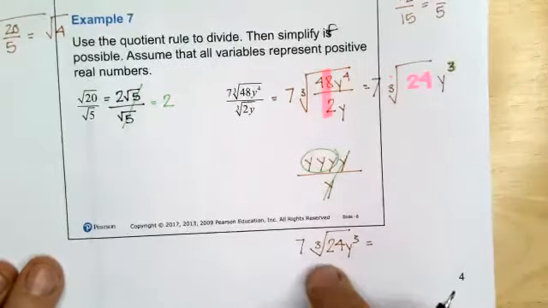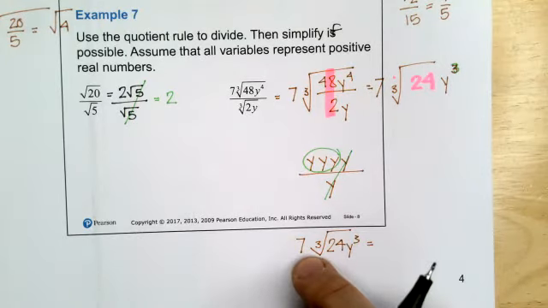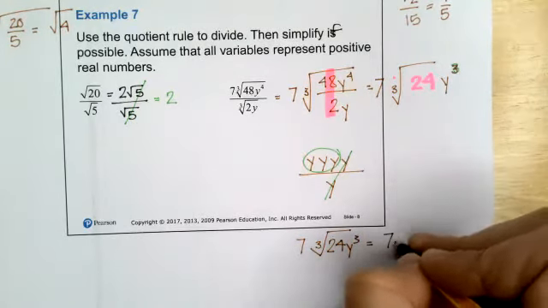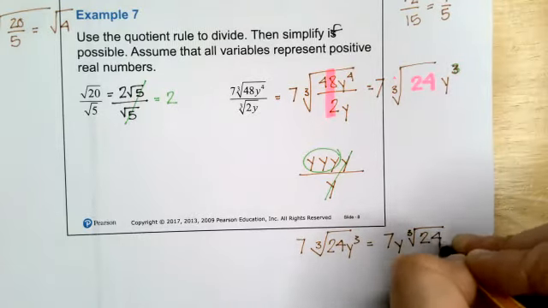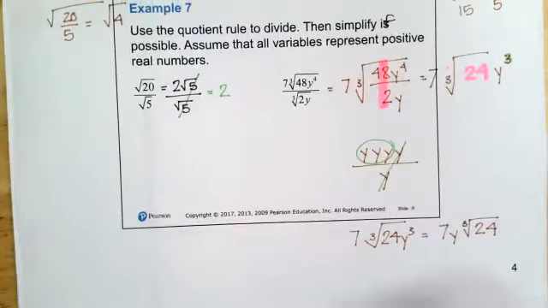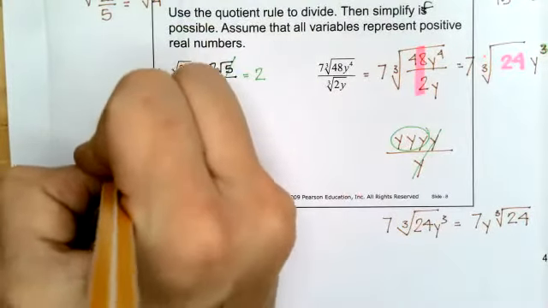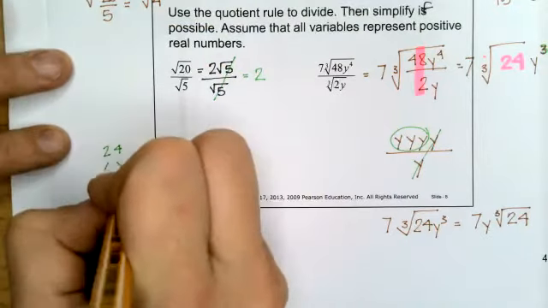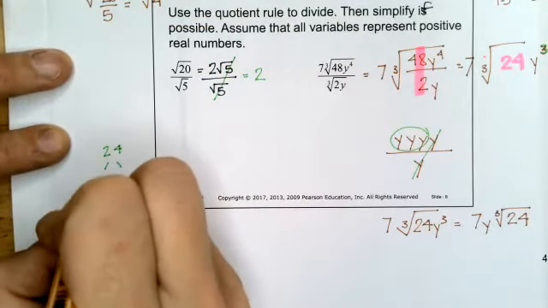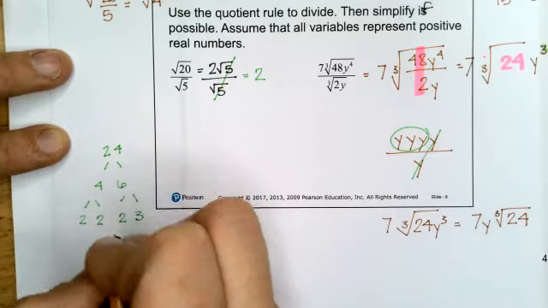But now think about what 24y to the 3rd under a cubed root means. That y to the 3rd and the 3 means the y can come out. So that's 7y cubed root 24. Let's look at what 24 can become. 24 becomes 4 and 6, for example. 4 becomes 2 and 2. 6 becomes 2 and 3.